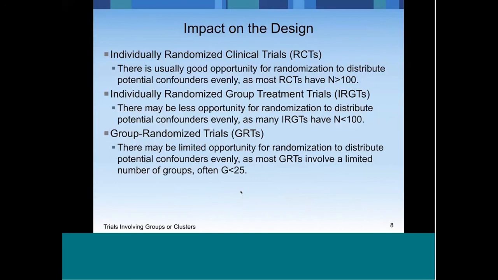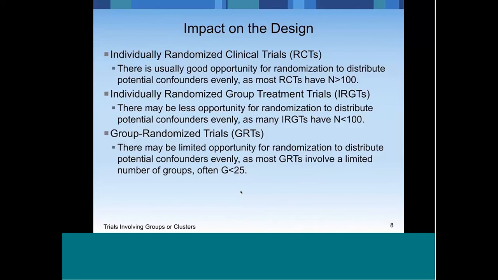What's the impact on the design for using group randomization or for allowing participants to interact with one another after individual randomization? The individually randomized clinical trial usually has more than 100 participants, so there's a good opportunity for randomization to do its job and distribute potential confounders evenly among the conditions.